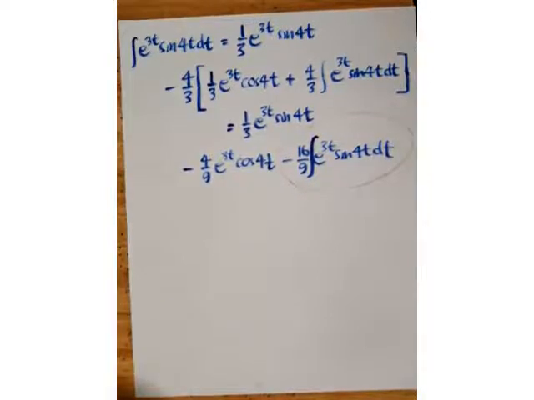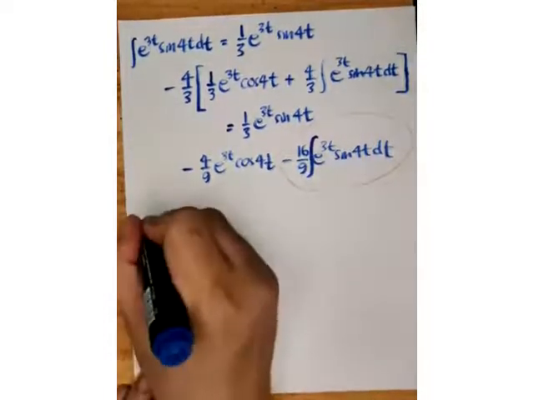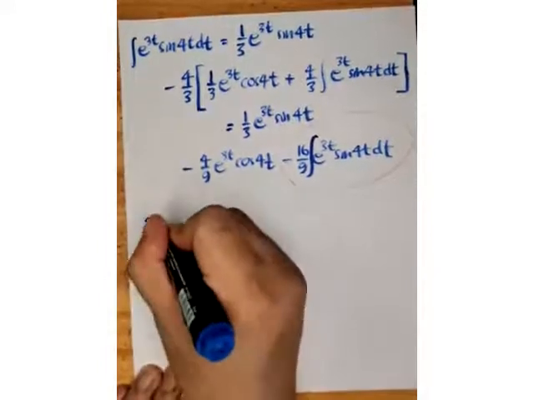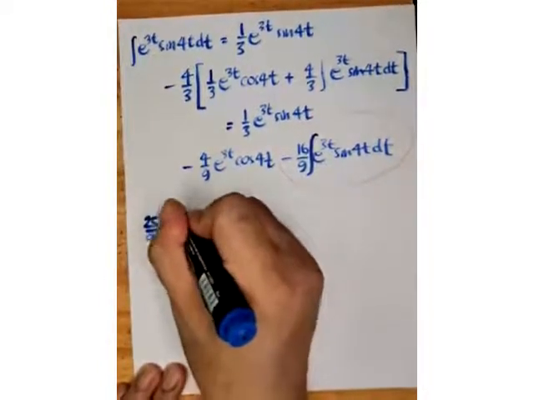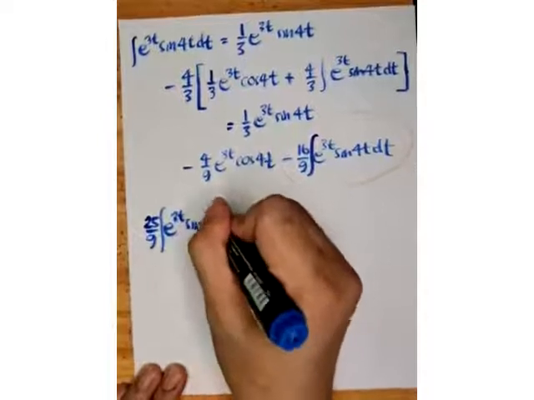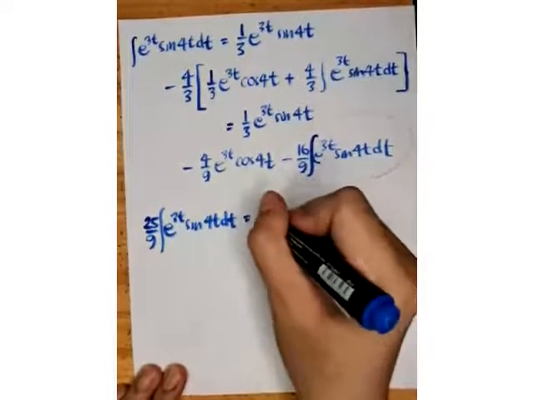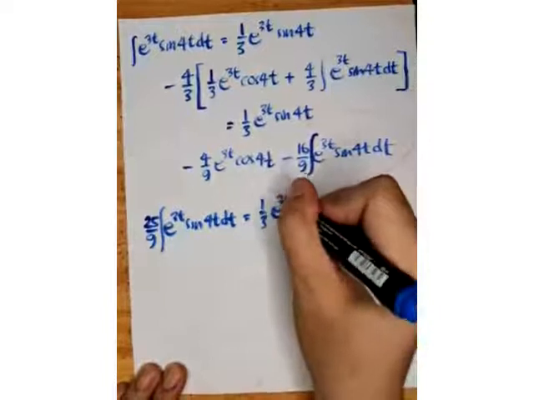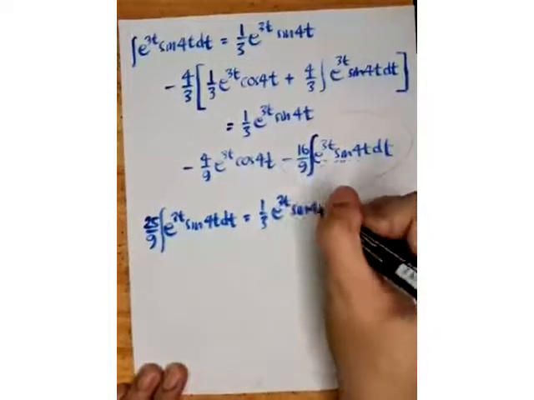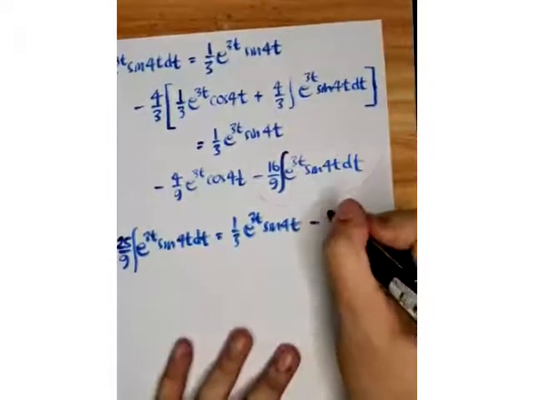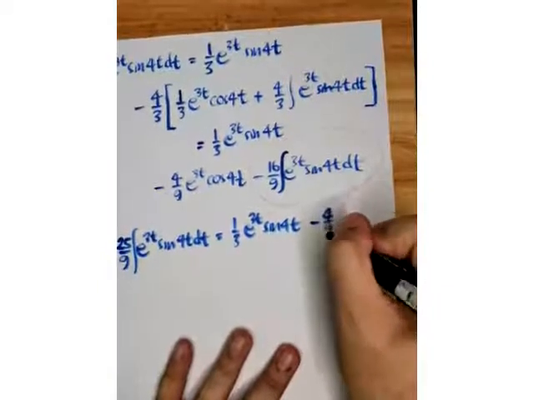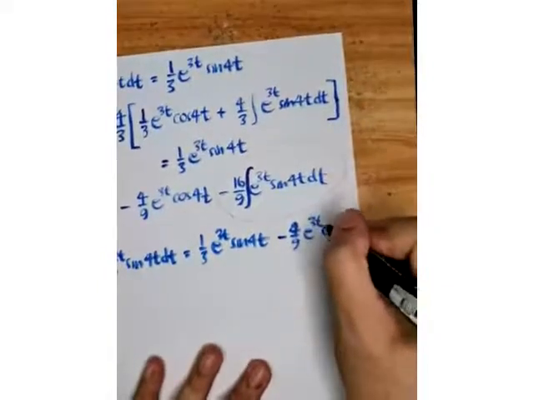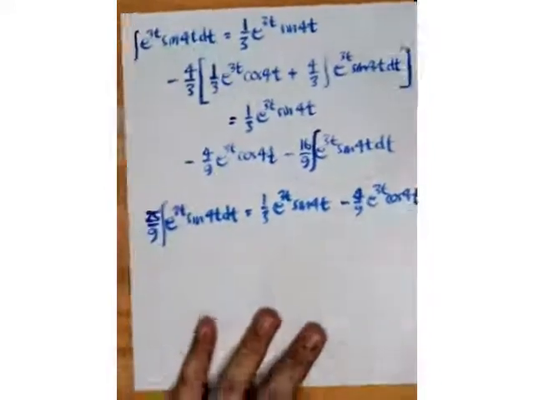So, 1 plus 16/9. That's 25/9. So, 25/9 the integral of e raised to 3t sine 4t dt is equal to 1/3 e raised to 3t sine 4t minus 4/9 e raised to 3t cosine 4t.